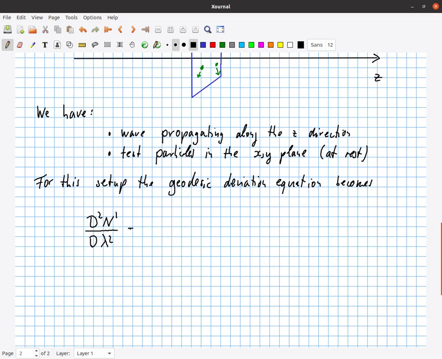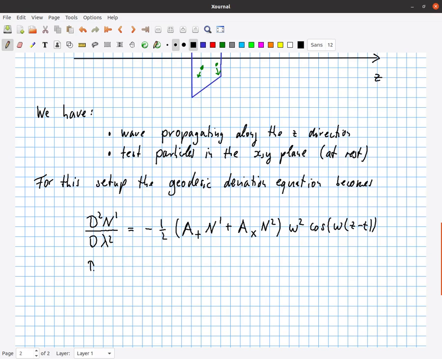Here is d lambda squared. The first one is minus a half a plus n1 plus a cross n2. Here we have omega squared cosine omega z minus t.